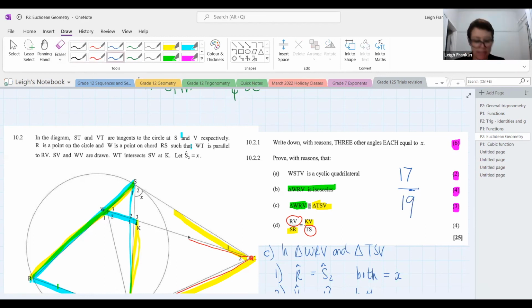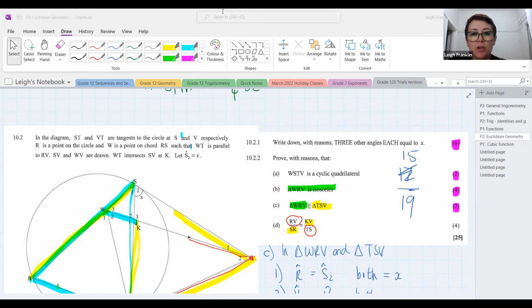Out of 19 marks, we can do 8 plus 4 plus 3, which is 15. 15 out of 19 as a percentage is 78.9%. So don't worry about question D, is what I'm trying to say.